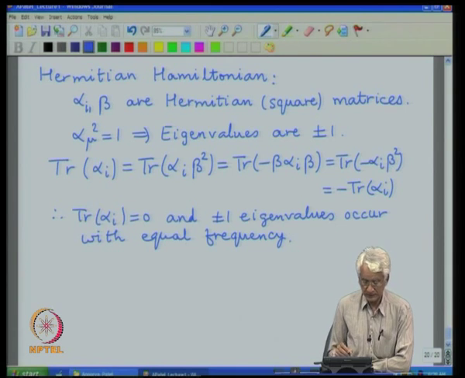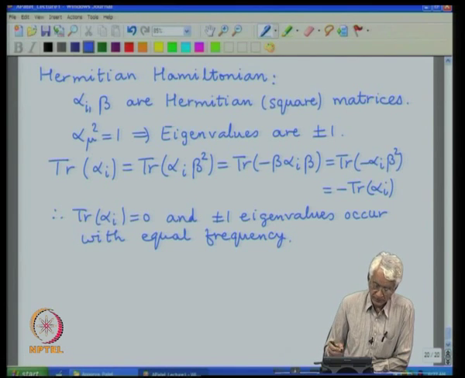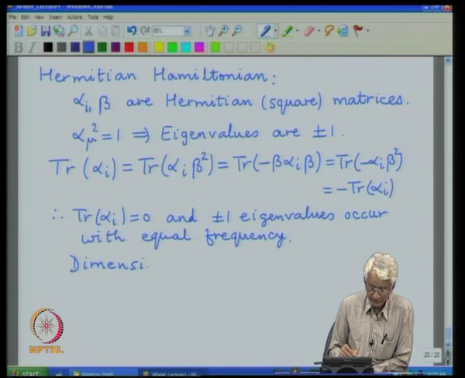In other words, half of the eigenvalues are plus 1 and half of the eigenvalues are minus 1. It also immediately follows that the dimension of the matrices has to be even, because otherwise one cannot have half the eigenvalues also integer in number.